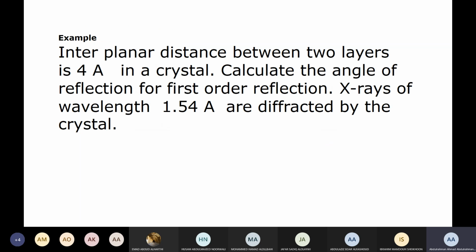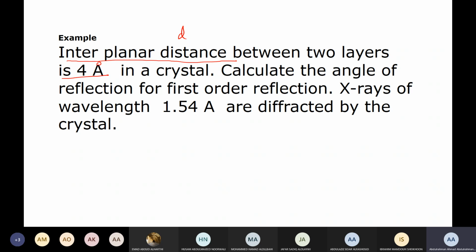Okay, good. Let's solve this problem. Interplanar distance. What's given to you first? The interplanar distance, this is d, between two layers is 4 angstrom. 4 angstrom equals how many meters? Multiply by 10 to the power minus 10. Exactly.